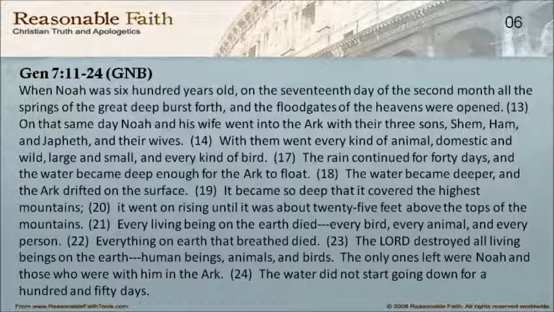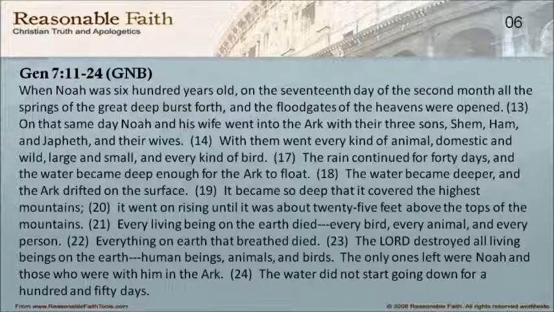On that day Noah and his wife went into the ark with their 3 sons, Shem, Ham and Japheth, and their wives. With them were every kind of animal, domestic and wild, large and small, and every kind of bird. The rain continued for 40 days, and the water became deep enough for the ark to float. The water became deeper, and the ark drifted on the surface.